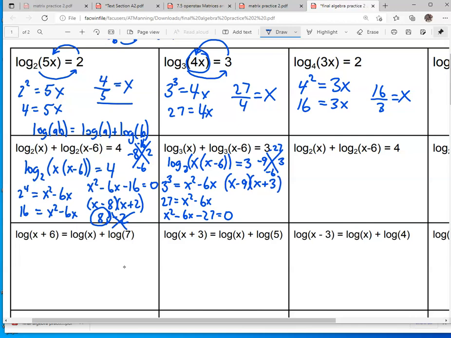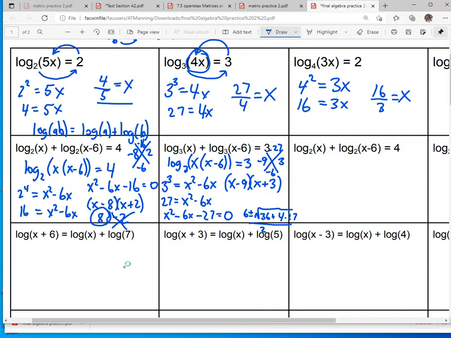Again, you could have cranked this right into the quadratic formula. And let's just show the quadratic formula down here. Negative b, that would be 6. This is the b value. Remember, that's a, b, c. Negative b, that's 6, plus or minus the square root of b squared, that's 36, minus 4 times a negative 27, that becomes a plus 4 times 27, all over 2a, which is, a is 1, all over 2.